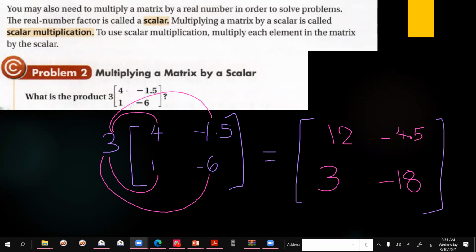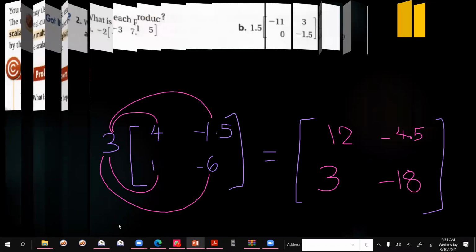Is it clear? Yes, teacher. It's like the distributive property. You distribute the number 3 on each element. So this type of multiplication, we call it scalar multiplication because I multiply this matrix here.